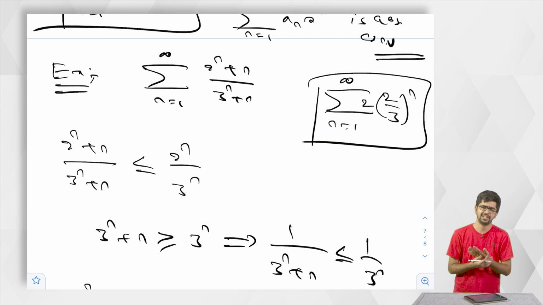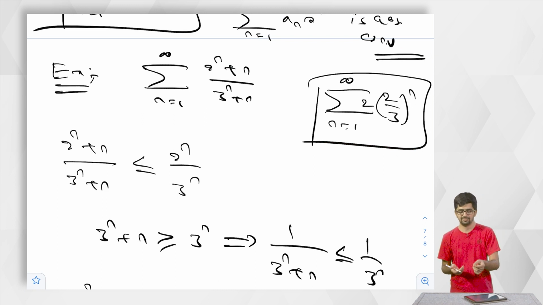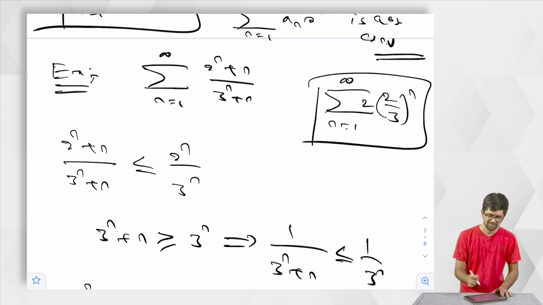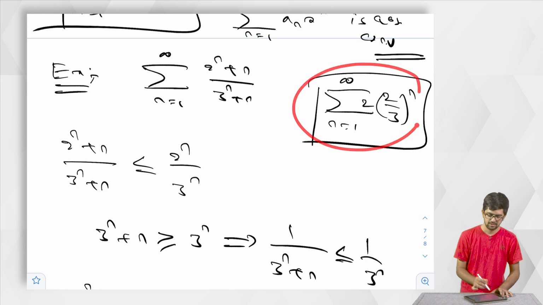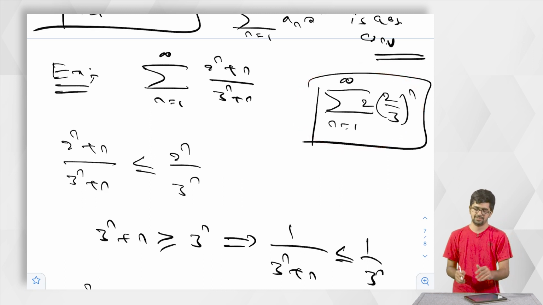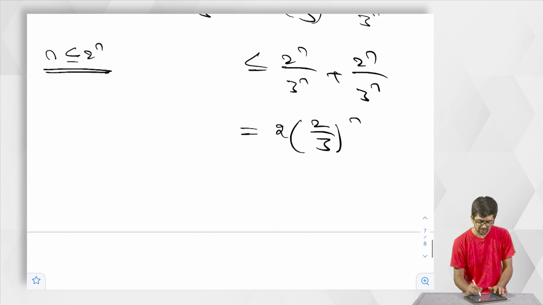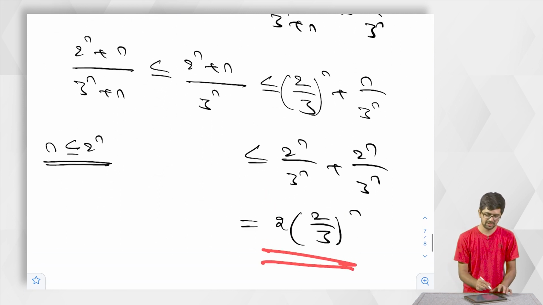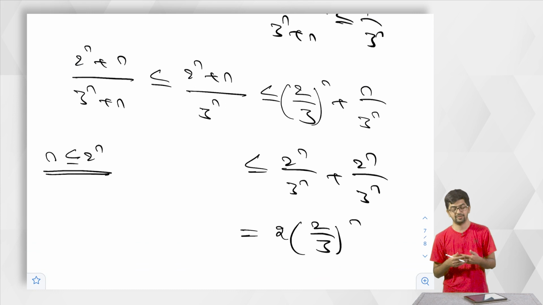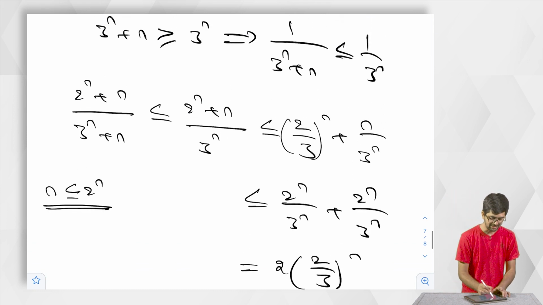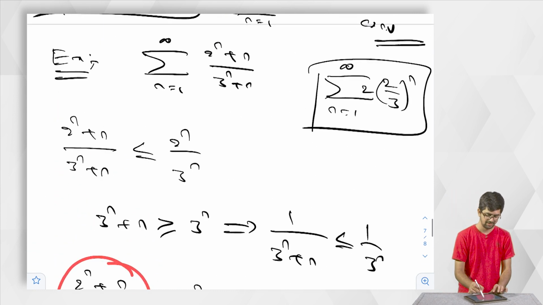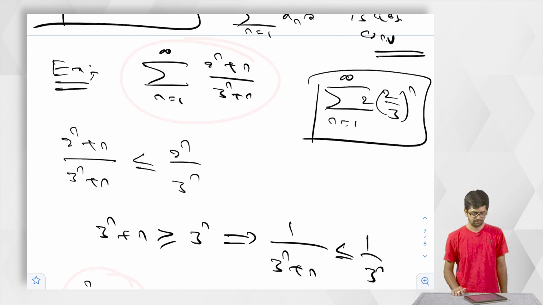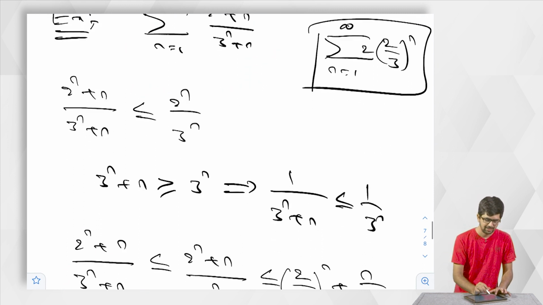I already mentioned, suppose I take a series, if I multiply the whole series by a constant, then the resulting series still converges to 2 times the previous series. So this is fine. I can just use this inequality to conclude that this series is convergent.